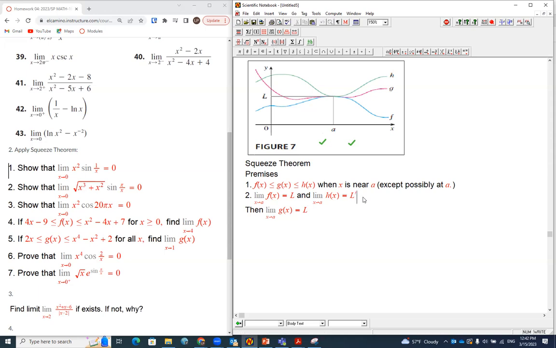So that's what the squeeze theorem is saying.